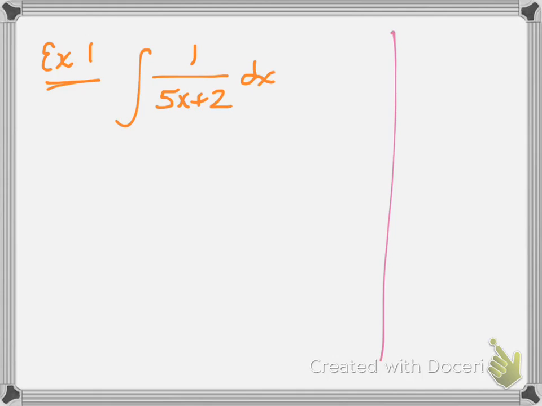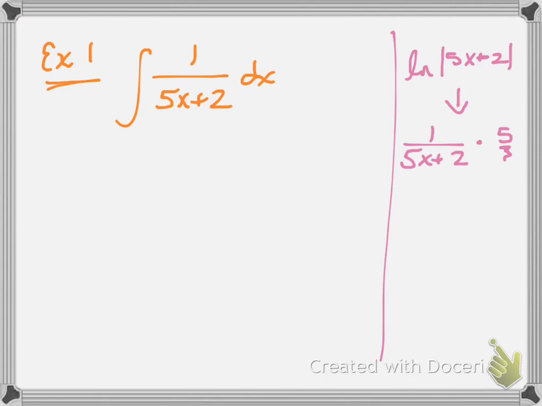For instance, if your answer was ln of 5x plus 2, and you think to yourself, oh, that's got to be right. Well, let's go backwards. The derivative of that is 1 over 5x plus 2. So you say, okay, great, that's exactly what I have, but not so fast, because remember, there's a chain rule involved. So 1 over 5x plus 2 times 5. So where is that 5 going to come into play?